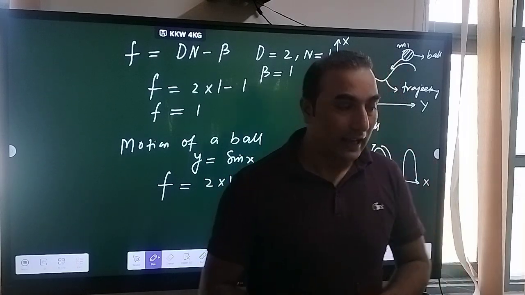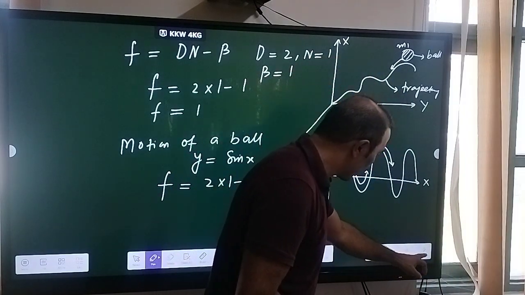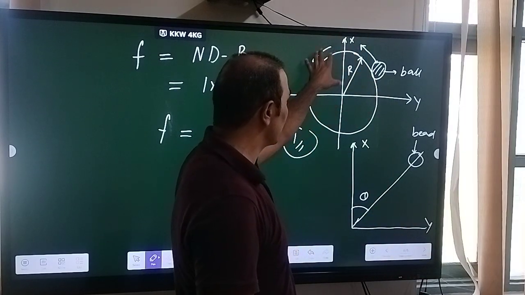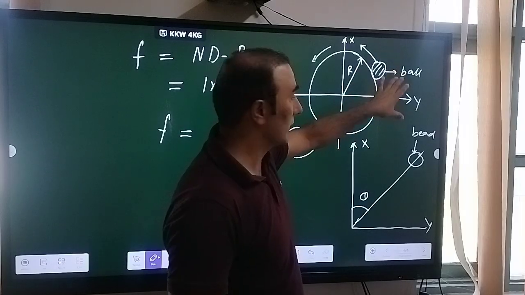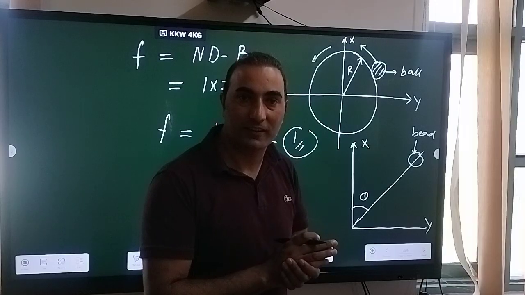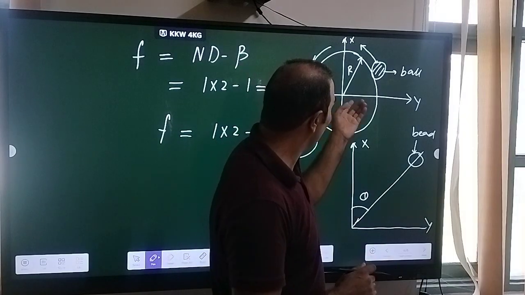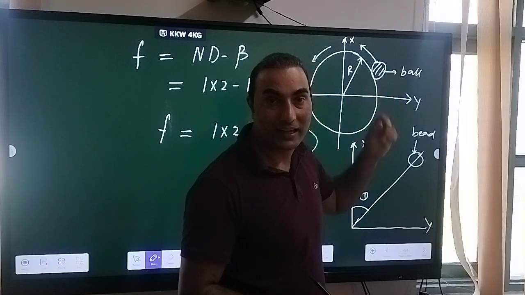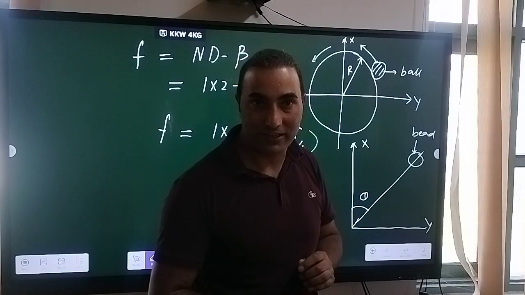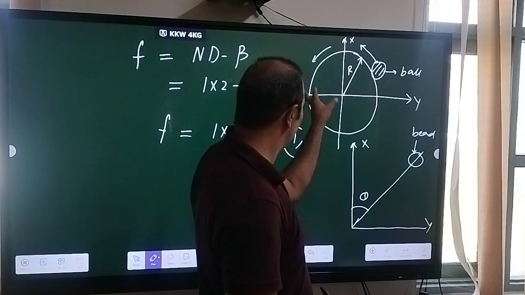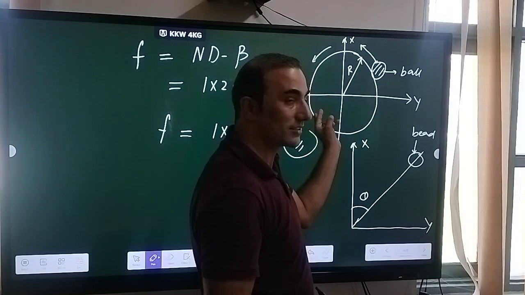So in that case, again the degrees of freedom will be equal to 1. Okay. And if I take one more example, suppose हमारे पास एक motion of a ball है along a circular path. तो अगर circular path में होगा यहाँ पे, but that path is fixed. So that means जो radius यहाँ पे circle का होगा, that is fixed here. So this r can act as a kind of constraint here, right? So that means it is following this particular path. It's not deviating.